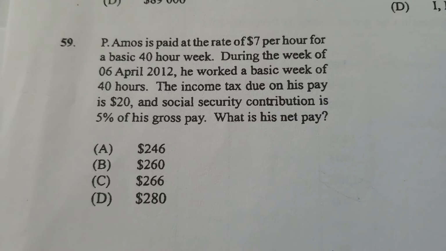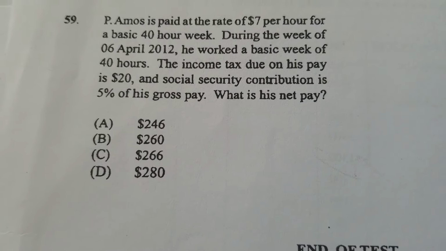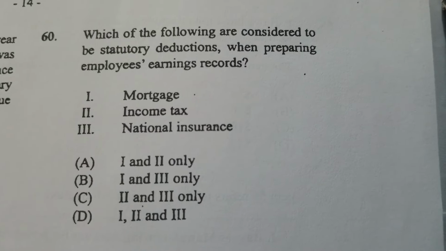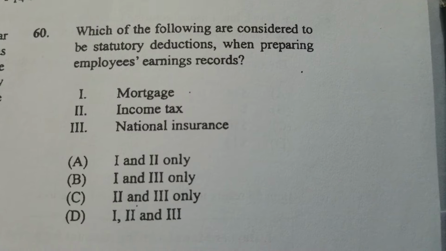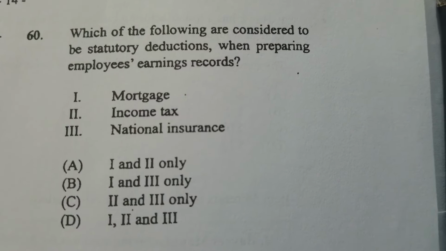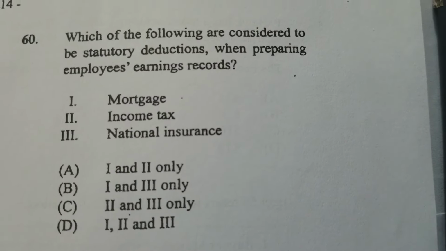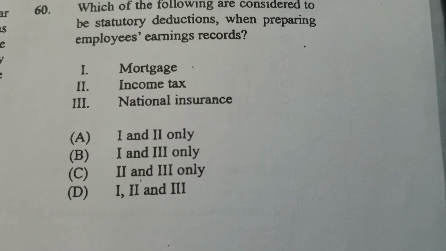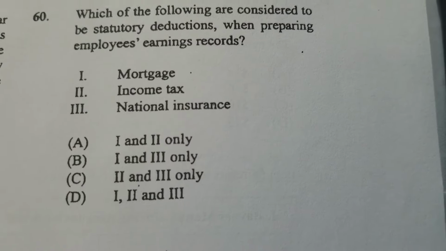Social Security is 5% of the gross, and the answer is 246. That is A. Our last question is which of the following are considered to be statutory deductions when preparing employees' earning records? And our answer is C, 2 and 3, income tax and national insurance.